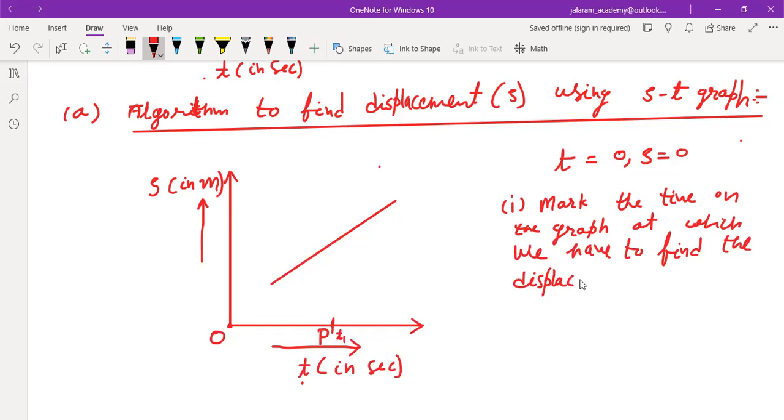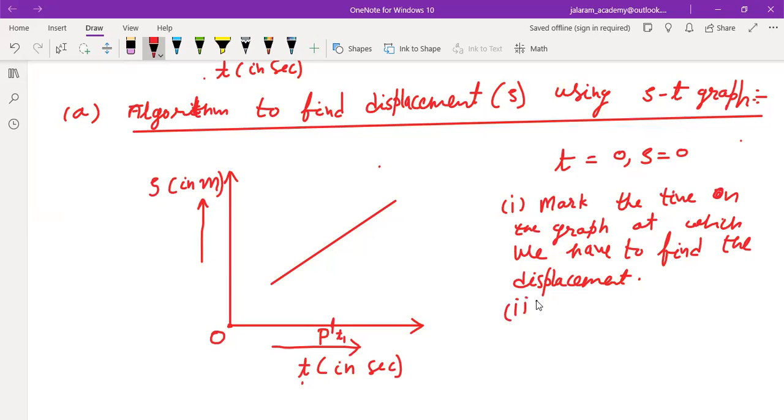Learn this algorithm to find the displacement at a particular time using the ST graph. First of all, mark a point on the time axis.